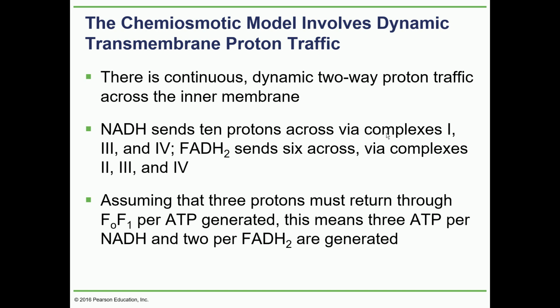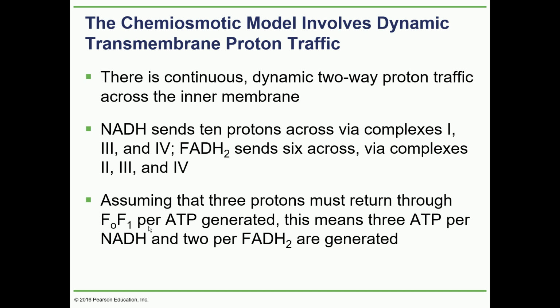And for FADH2, when it is bringing 2 electrons, and those 2 electrons are being delivered to the second complex, there's a pumping of around 6 protons. So assuming that 3 protons must return through the FO and F1 per ATP generated, which means that when 3 protons flow through ATP synthase, there is a production of 1 molecule of ATP.